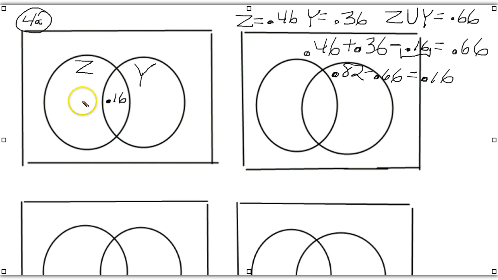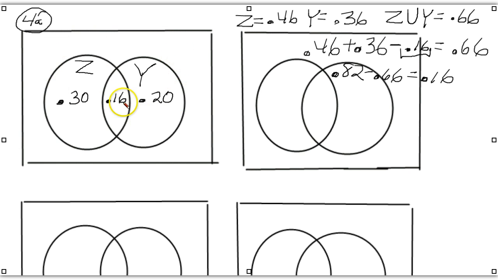And then if we said this was 0.46, and we take 0.16 away from 0.46, this will be 0.30 now. And if this were 0.36 and we take 0.16, this is now 0.20. And if we add all of these up now, this gives us 0.66.